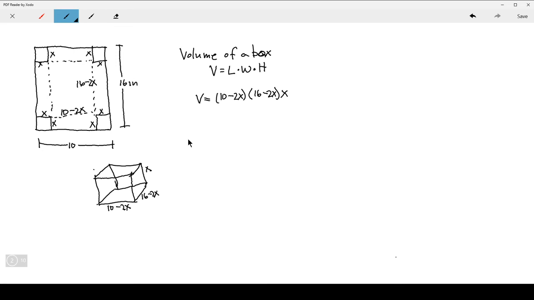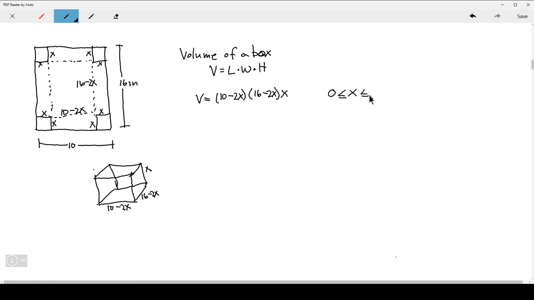What is the maximum that x can be? What is the minimum that x can be? Well, the minimum that x can be is kind of obvious. That would be 0, right? If I take nothing out, the minimum that x can be is 0. So x has to be greater than or equal to 0.